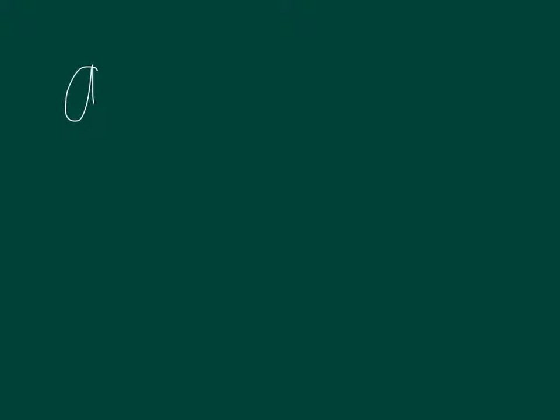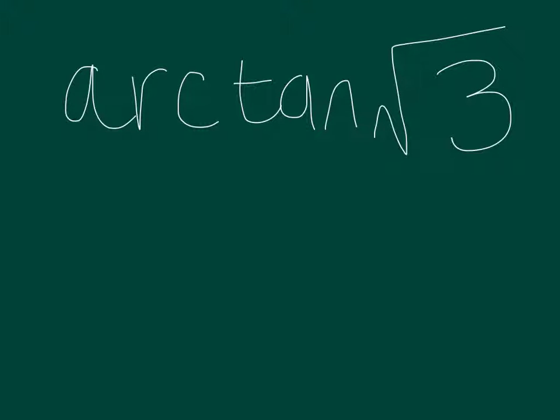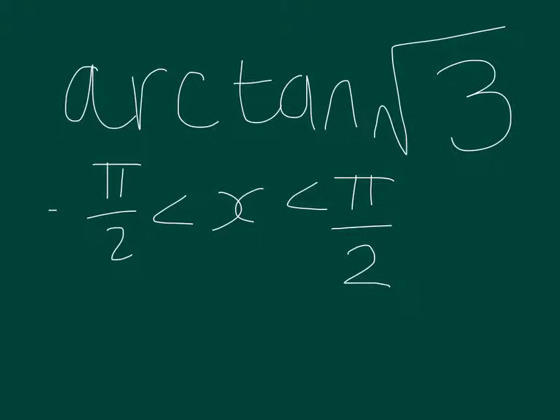So, for example, find the value of arctan root 3 in the interval minus pi over 2 to pi over 2. So you solve tan x equals root 3 because it's the inverse.